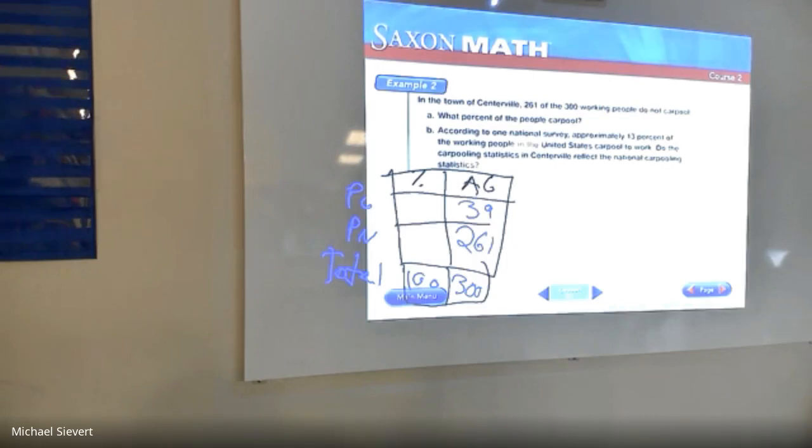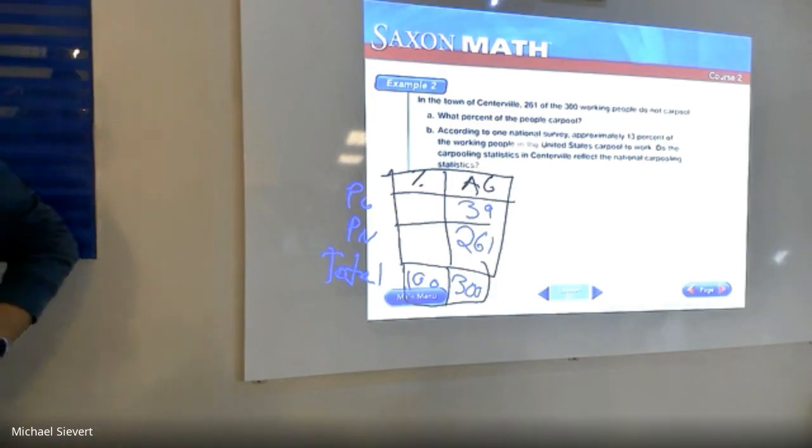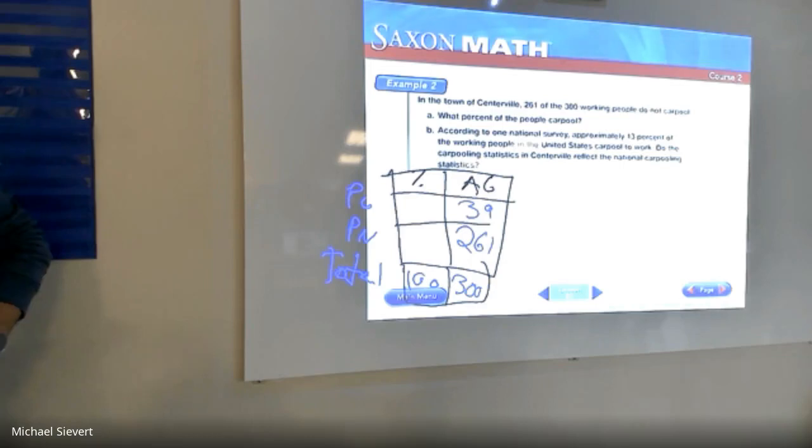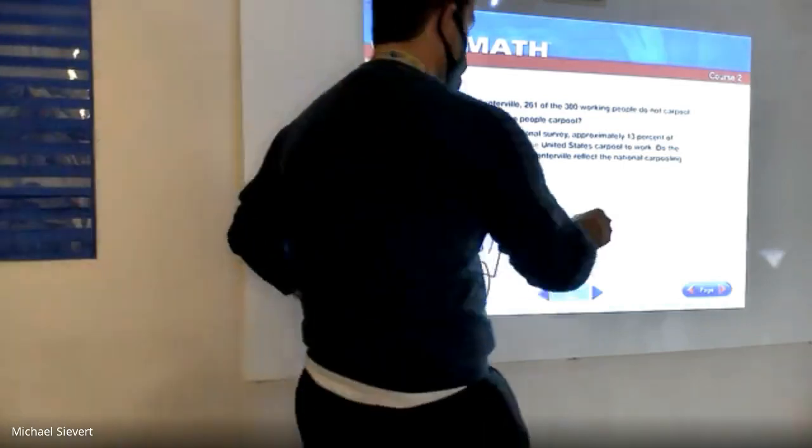Now it says A, what percent of the people are carpooling? How would you set up the proportion? 39 divided by 300.